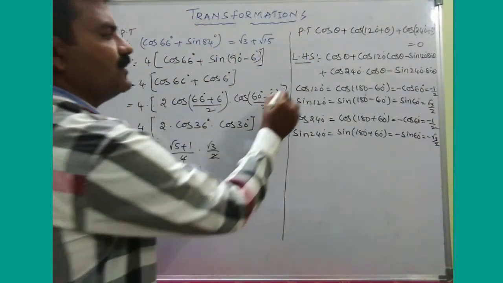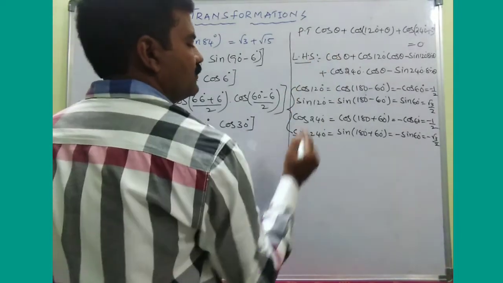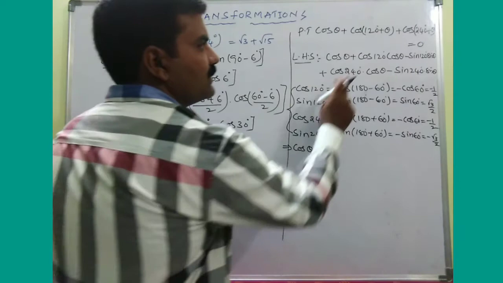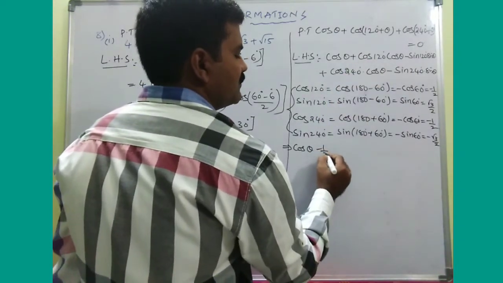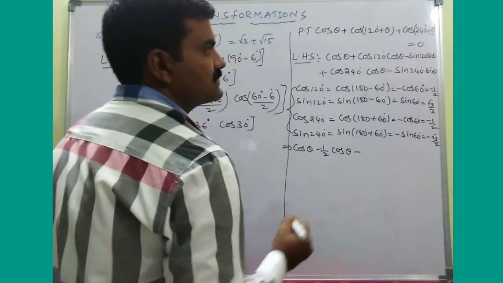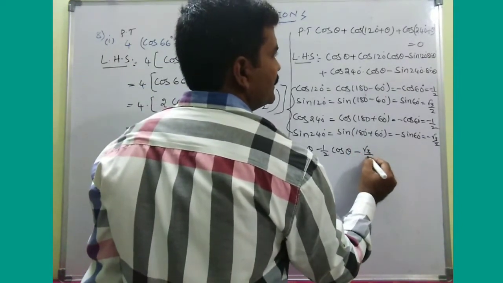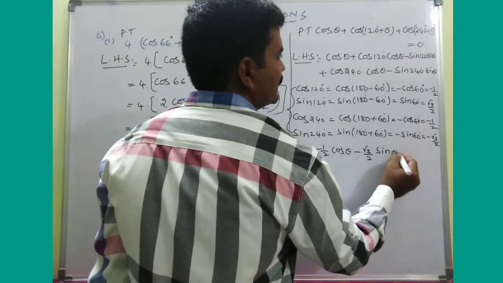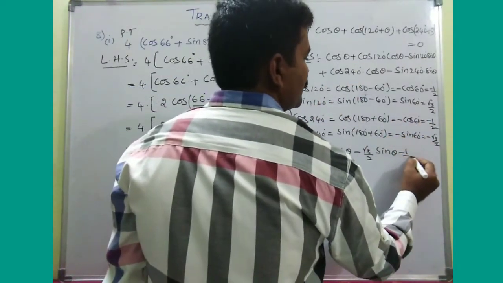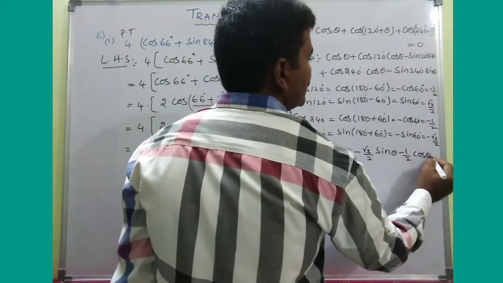Let us substitute all these values in the above. So that implies cos theta, and cos 120 is minus 1 by 2, no? Minus 1 by 2 into cos theta minus sin 120 is root 3 by 2 into sin theta. And coming to cos 240, it is also negative, minus 1 by 2 into cos theta.